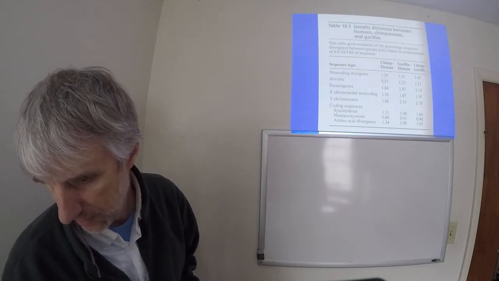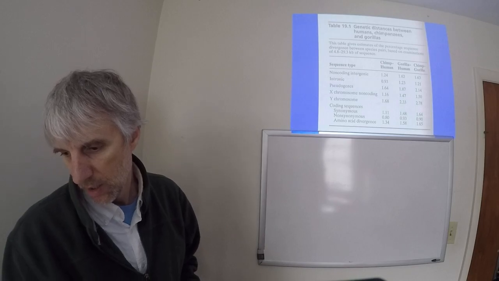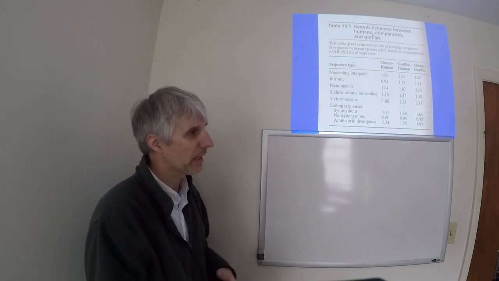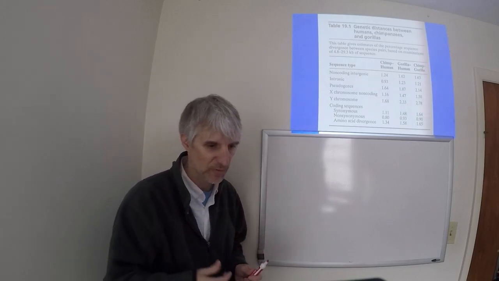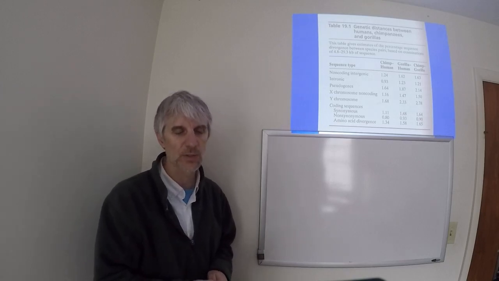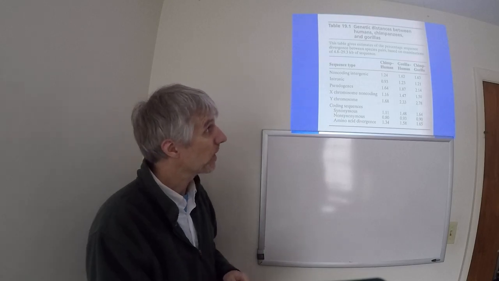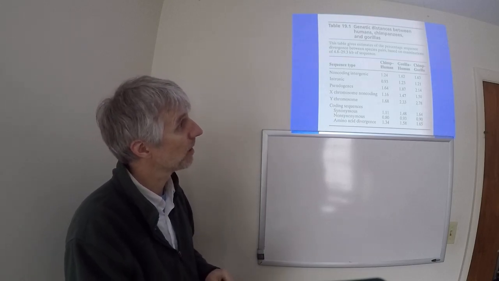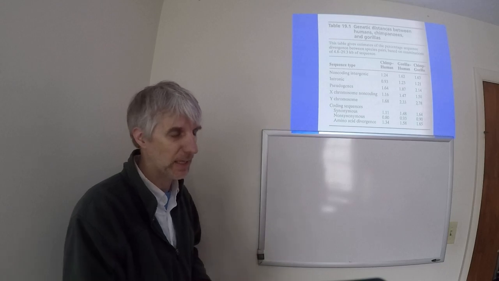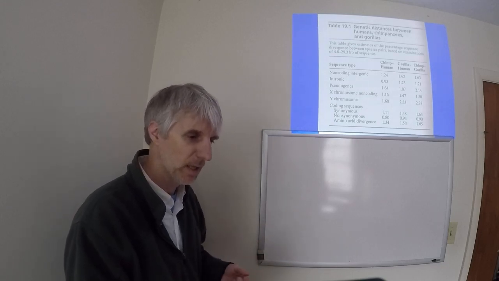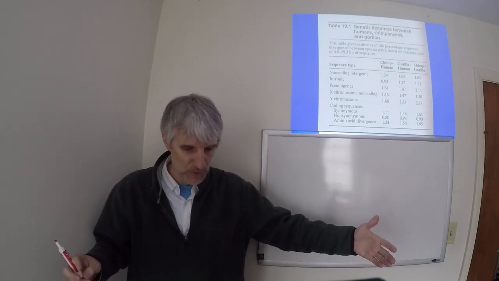All right. Now, in addition to looking at specific genes like cytochrome oxidase 2 or the protein serum albumin, we can also look across large stretches of DNA. So instead of looking at a gene, let's look at a section of chromosomes.